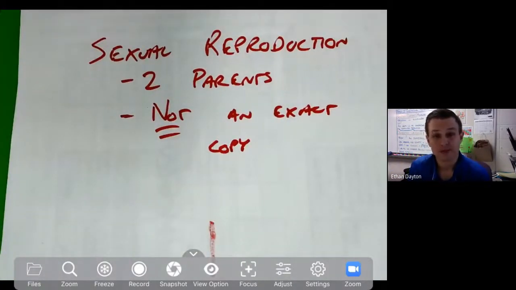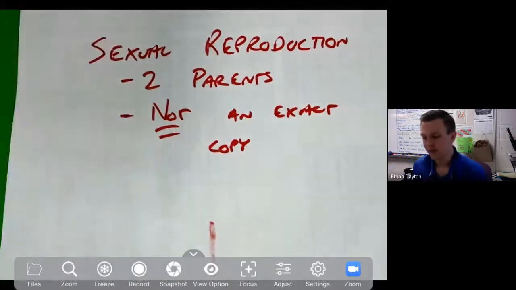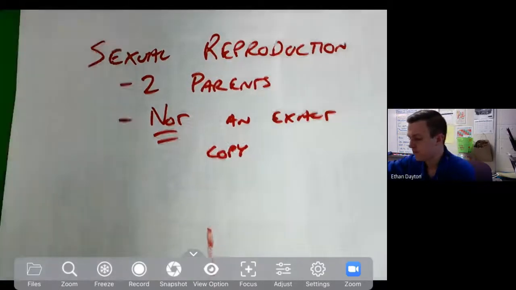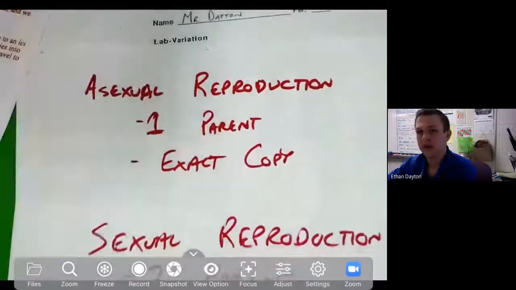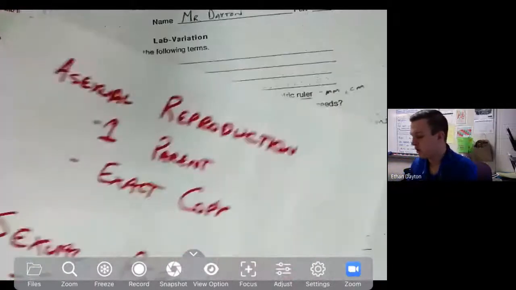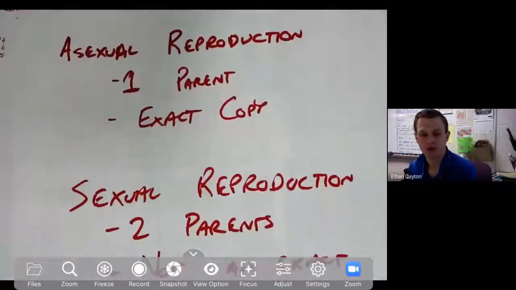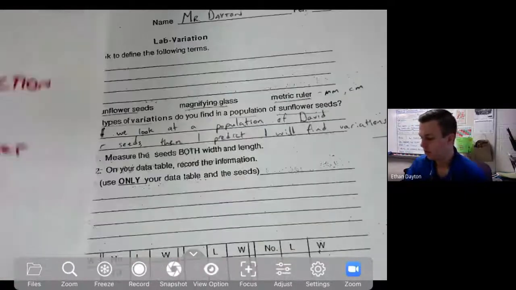There is variation. You're going to see that today in sunflower seeds. The offspring, the seeds, the fruit, are not the exact same. It was not an exact copy. DNA had to be joined from the female and male parts of the flower, and you'll be able to see that.